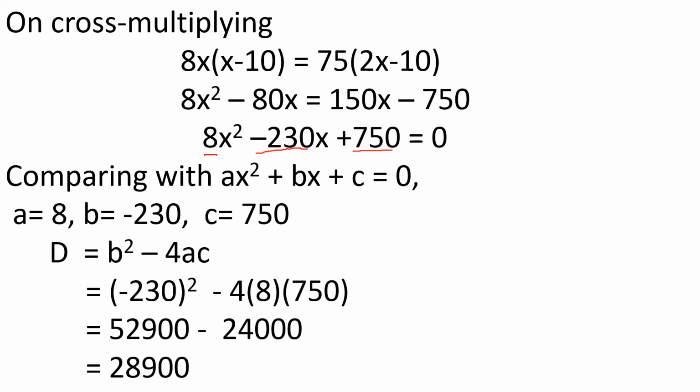Now first let us calculate D, which is equal to b square minus 4ac. D is called the discriminant. Using this discriminant, as we have seen in the last video also, we can find out the nature of the roots. After putting the values of b, a and c, we get b square minus 4ac as 28900, which is greater than 0.